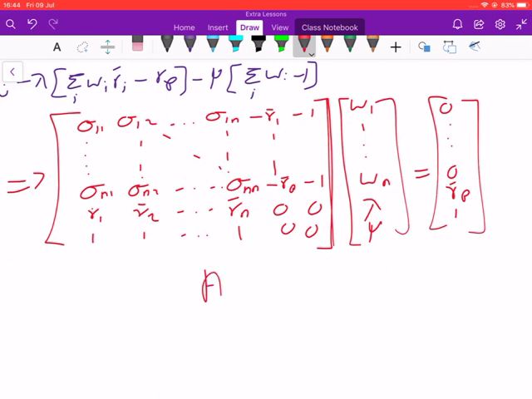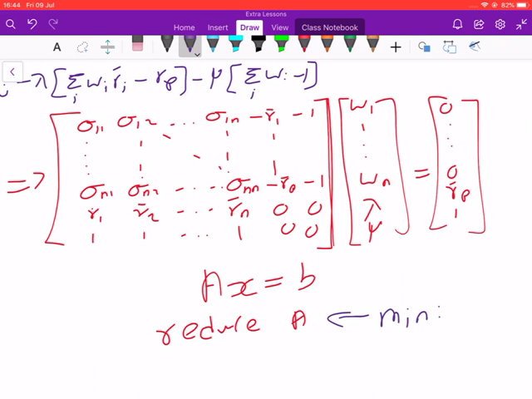So this can basically be written as Ax equals b. You are going to reduce A to find your answer, and that answer will give you the minimum variance of your portfolio for your given return.